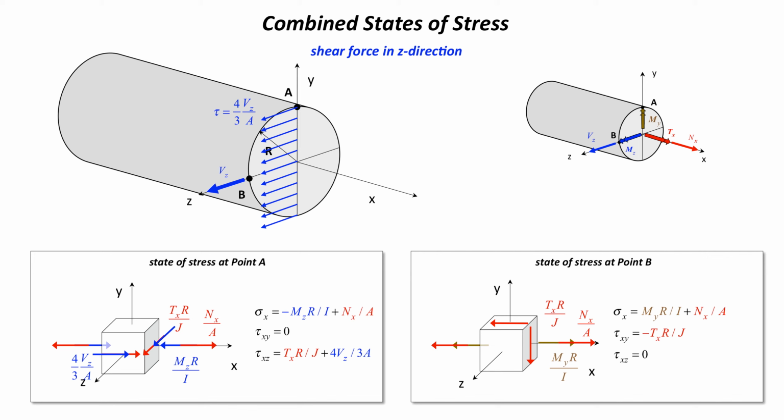For B, it's on the outer surface, and therefore there is no shear stress here, because on the outer surface, at both B and then on the back side over here, the shear stress is 0. So you're going to see a contribution on this point A, but nothing there on B.